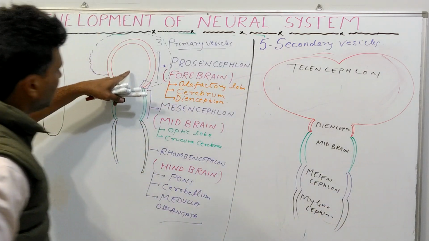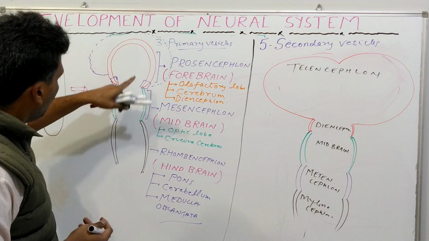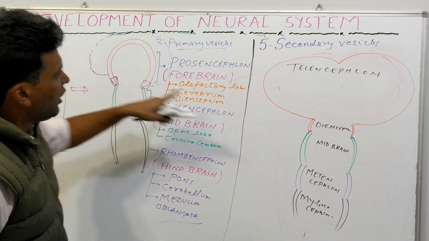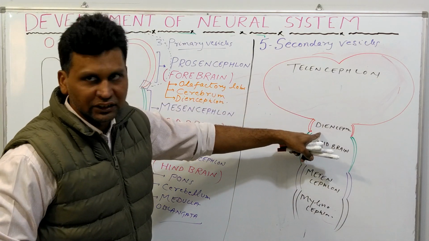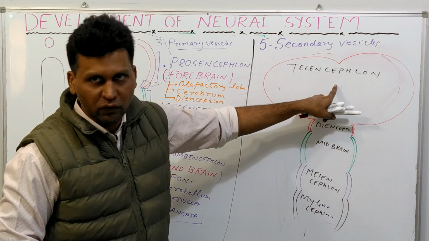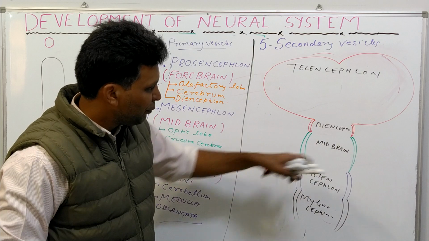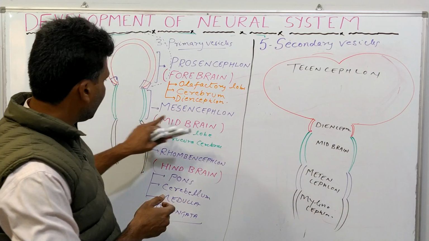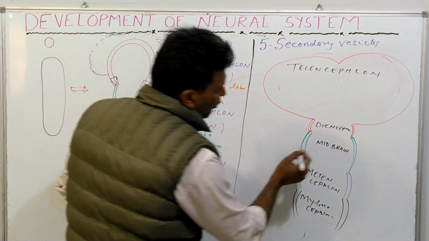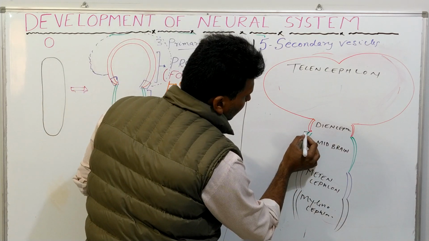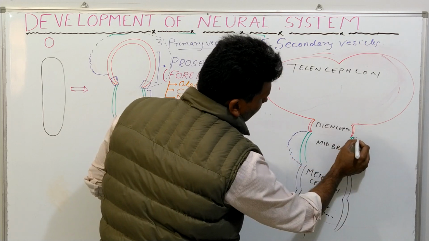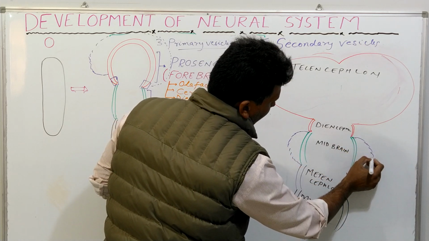So from the first vesicle of the 3 primary vesicles, this is divided into 2: telencephalon and diencephalon. This is very small, and after that it will enlarge, and this will form the telencephalon. And this is the midbrain; mesencephalon is the midbrain. The important point here: at the back of the midbrain, there is one more formation of a vesicle on the back side.